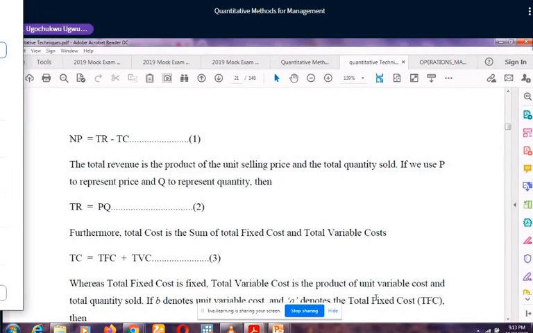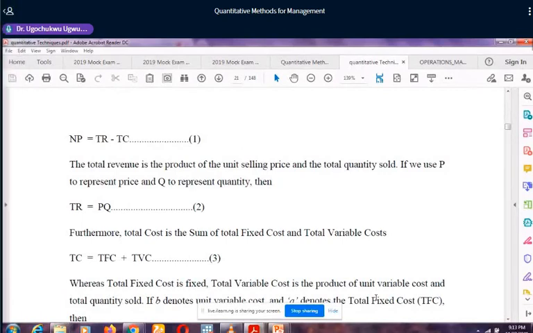For you to build an effective model, you must factor in all these things. Now, total revenue is influenced by price and quantity demanded.